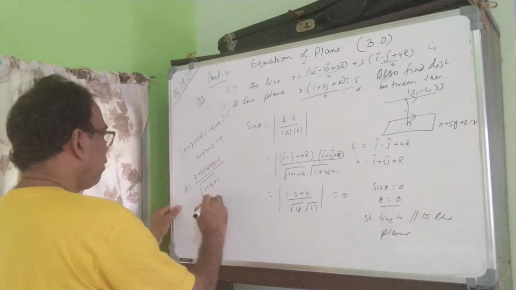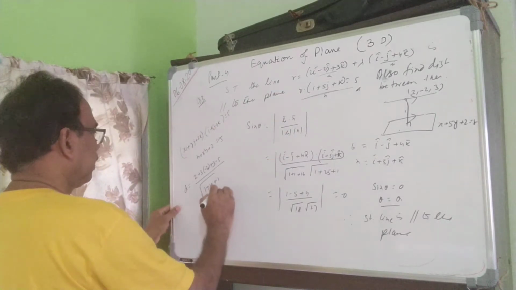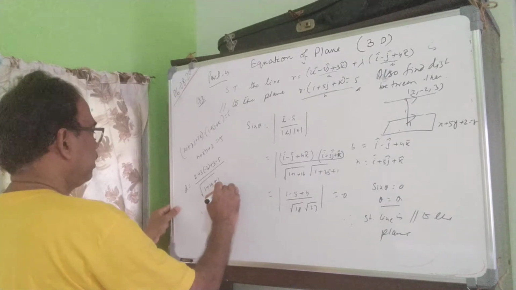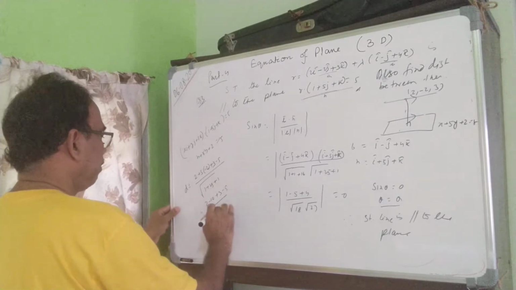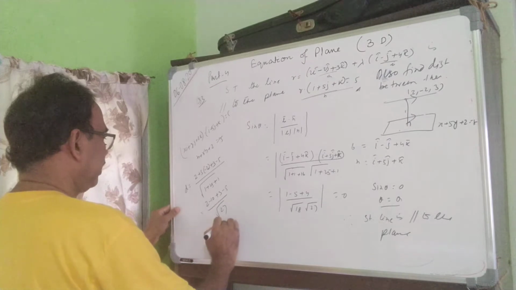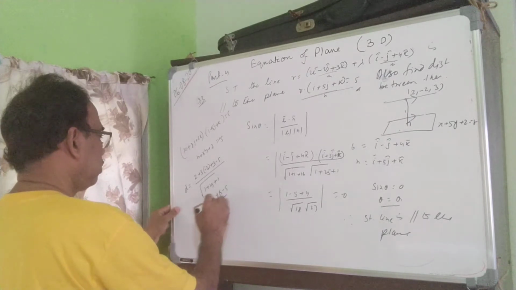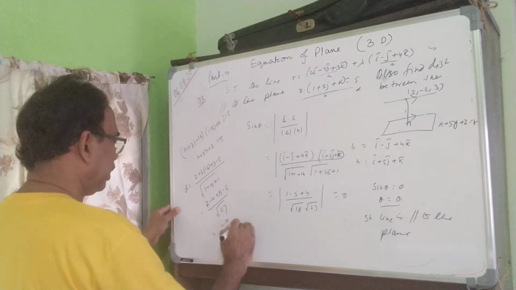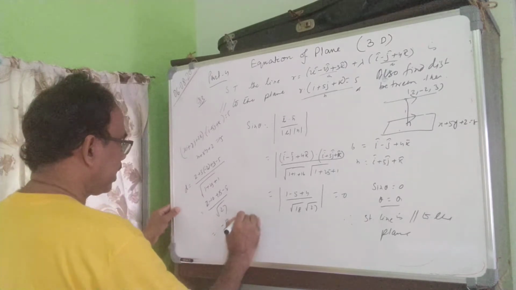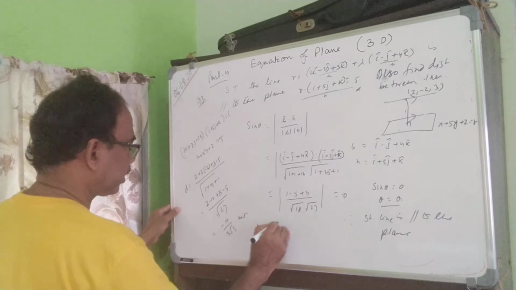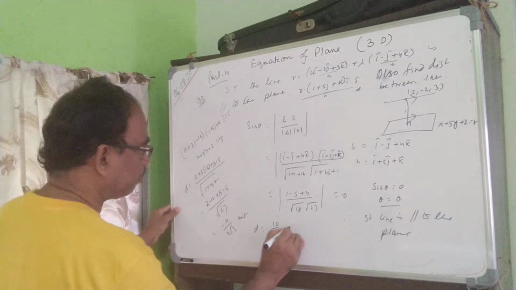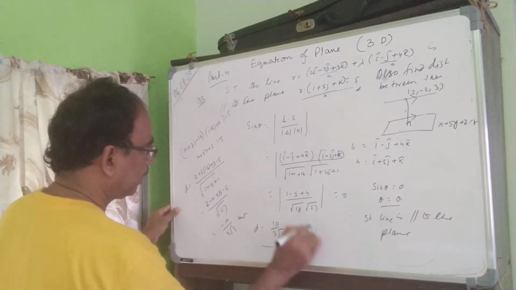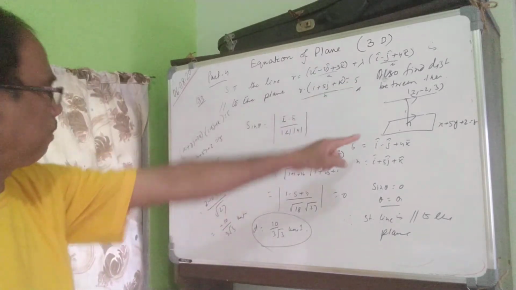That is (2 minus 10 plus 3 minus 5) by root 27, that is minus 10 by 3 root 3. So the distance equals 10 by 3 root 3 units. That is the distance between the straight line and the plane.